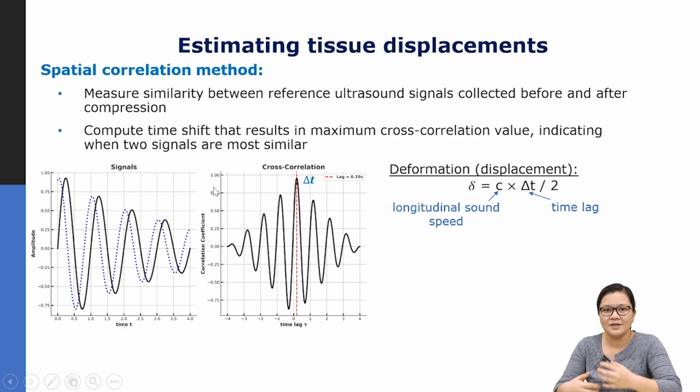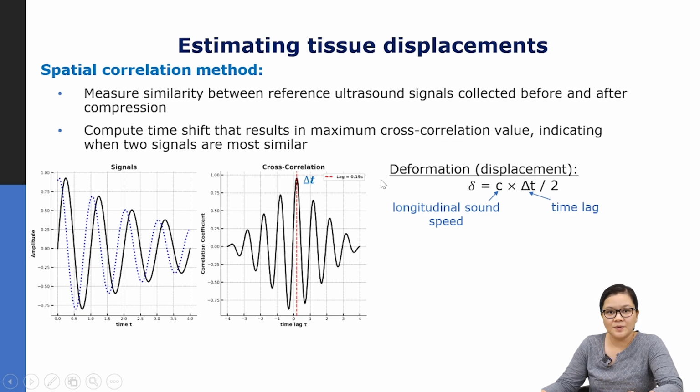When you apply a cross-correlation between these two signals, it will produce a cross-correlation coefficient as a function of the time lag, something similar to this. The peak of that correlation coefficient will get you the time lag. Here in this case, it's delta t.